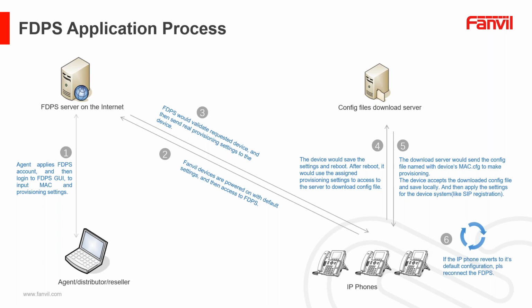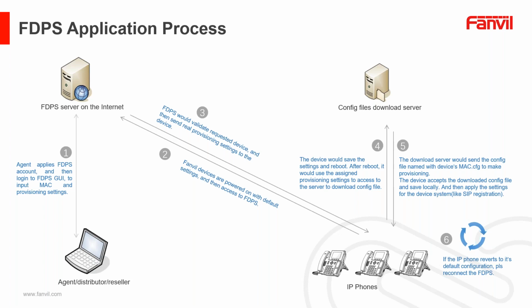It is secure and private because we can use HTTPS to make the communication encrypted. And then the FDPS server will respond with the config file server's URL and the related settings to inform the phone to be redirected to the download server.